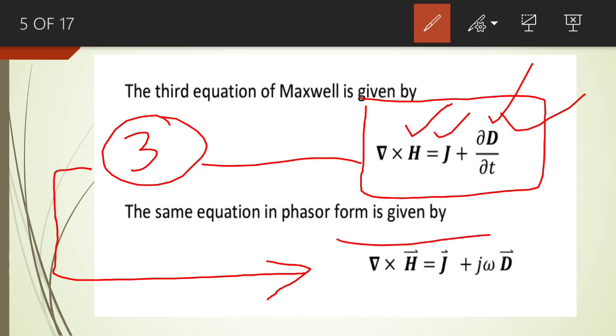So this is how we represent the third equation of Maxwell in phasor form of representation. The curl of the magnetic field intensity is equal to the conduction current density J plus jωD.